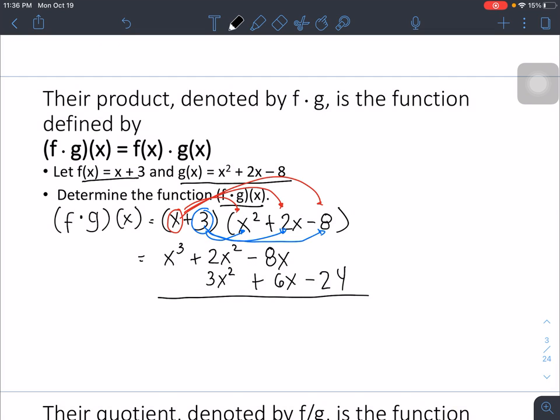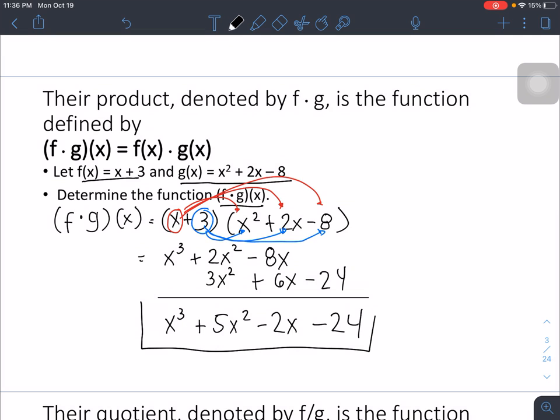Then I will proceed to the addition. So this will be x cubed plus 5x squared minus 2x minus 24. Okay, so this is how we'll do multiplication operation.